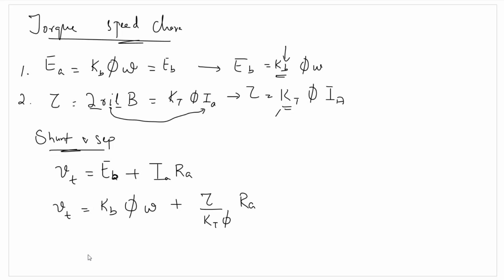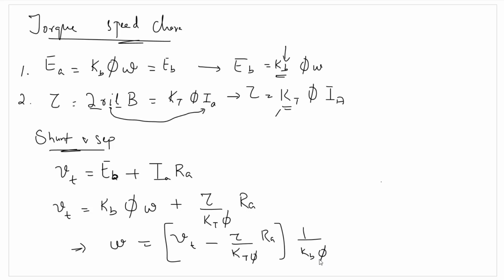So from this, omega will be equal to Vt minus tau Ra divided by Kt phi, all divided by Kb phi.